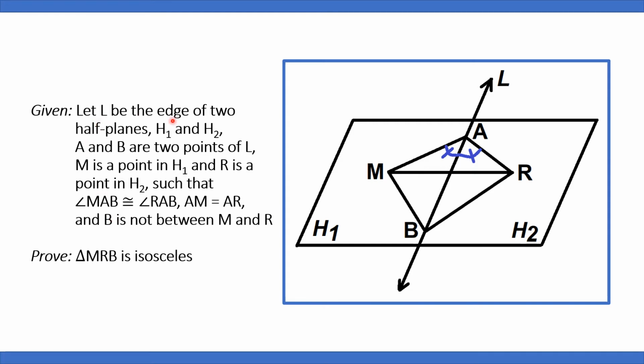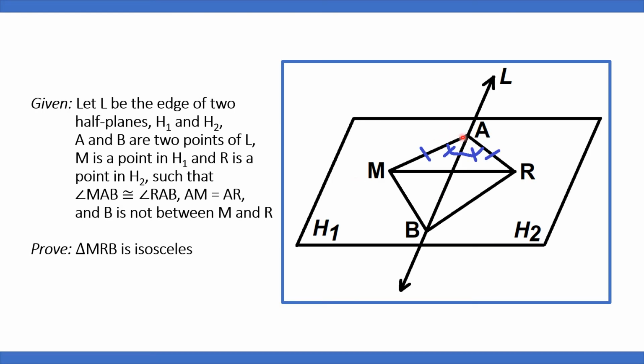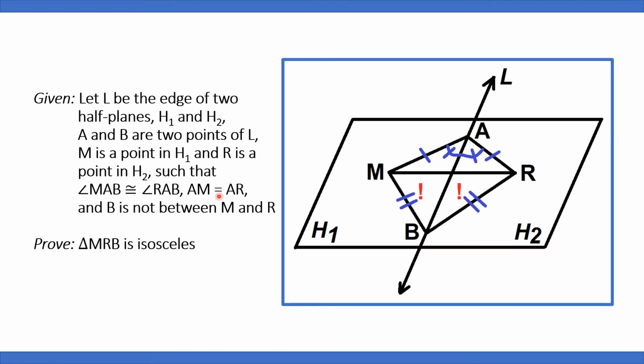Now, let L be the edge of two half planes H sub 1 and H sub 2. A and B are 2 points of L. M is a point in H sub 1 and R is a point in H sub 2, such that angle MAB is congruent to angle RAB, AM is equal to AR, and B is not between M and R, meaning B is somewhere below and not here.